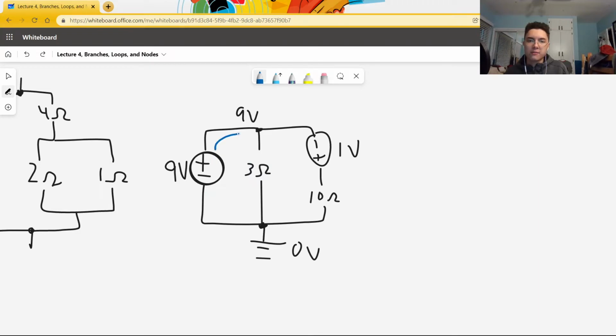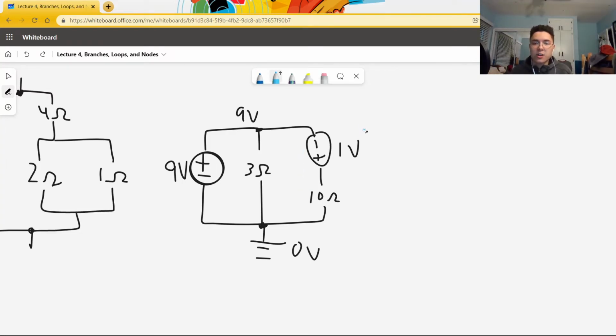Again, a particle traveling, instead of over the 3 resistor, over the 1 volt battery and the 10 ohm resistor, still has to end at the bottom of this battery, so it ultimately has to lose 9 volts. So it gains 1 volt at this battery, and then loses 10 volts at this resistor. So ultimately, there's still a 9 volt drop across this branch.